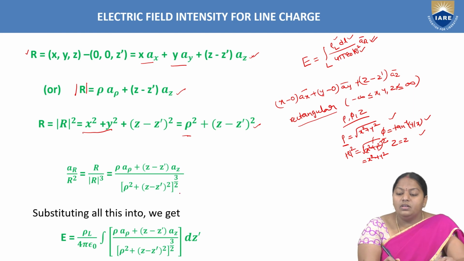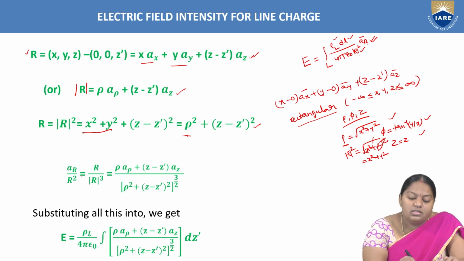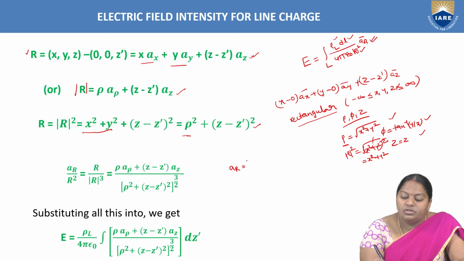Then, in the equation itself, we have the two variables AR and modulus of R whole square. To find that, we'll consider AR by R square, which is equal to R by modulus of R. As we know from the unit vector definition, AR equals R by modulus of R. Already in the denominator we have R square, so if you add that, it becomes R whole cube. Hence, R by modulus of R whole cube, where R is obtained from this, is rho a rho plus z minus z dash into az.